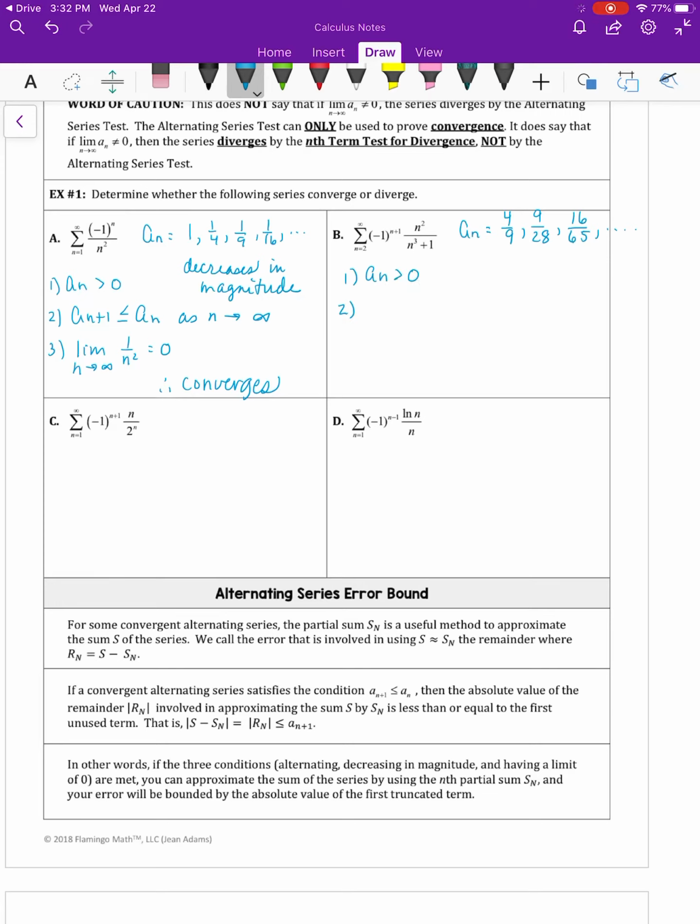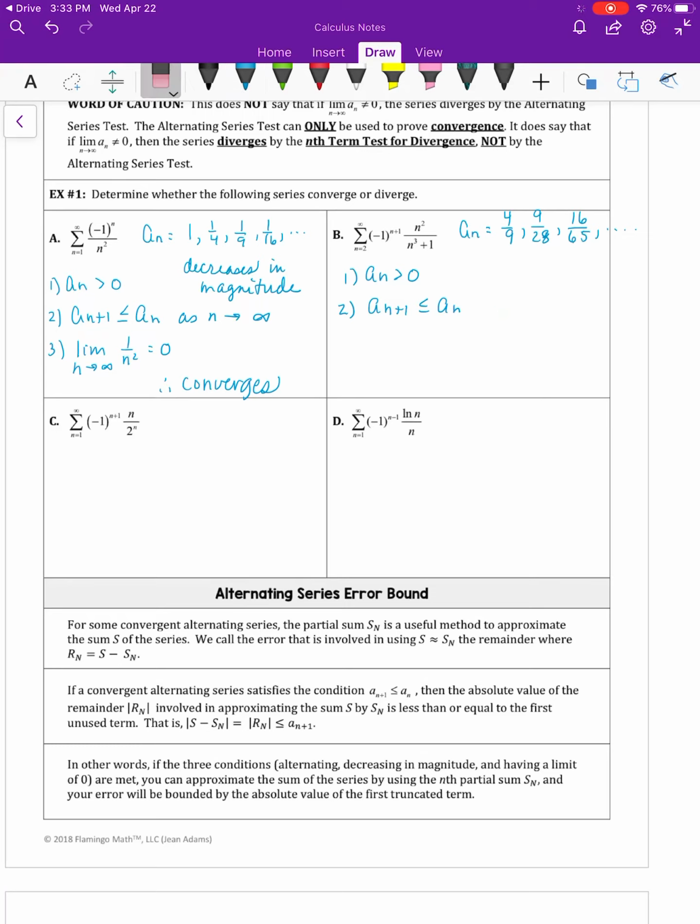If we put a 2 in, we're going to have 4 over 9. If we put a 3 in, we're going to have 9 over 28. If we put a 4 in, we're going to have 16 over 65. And then, of course, it would keep going. So number one, all of my values are positive. They're all greater than 0.